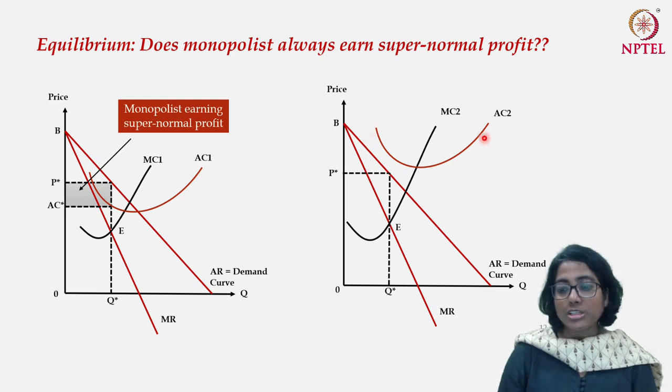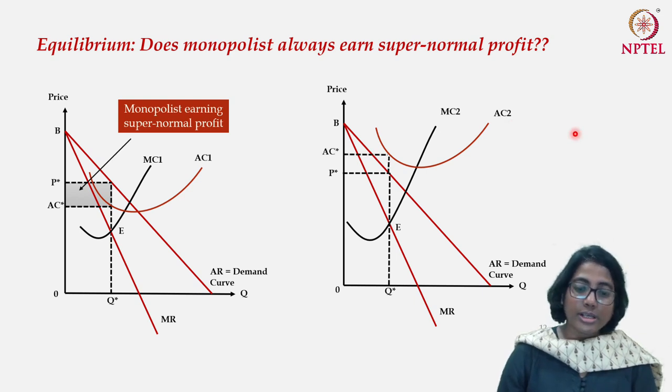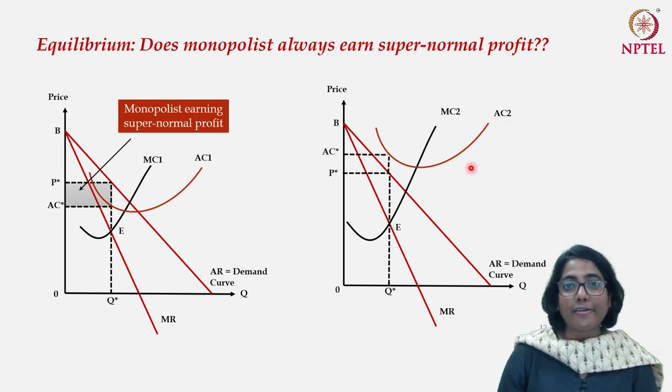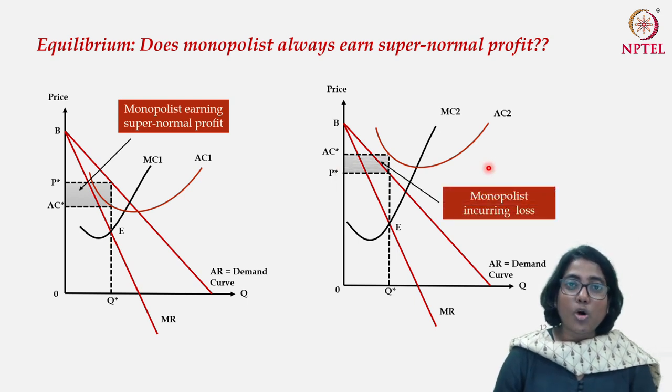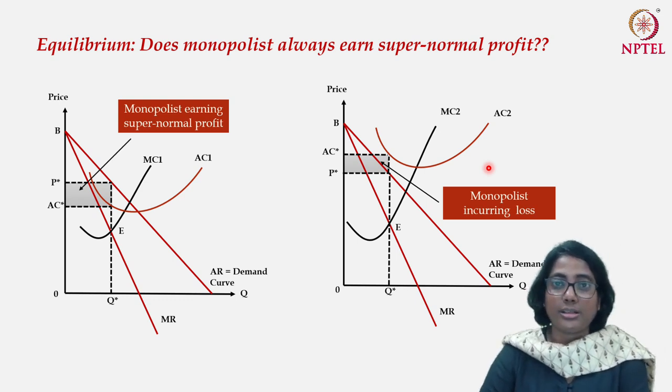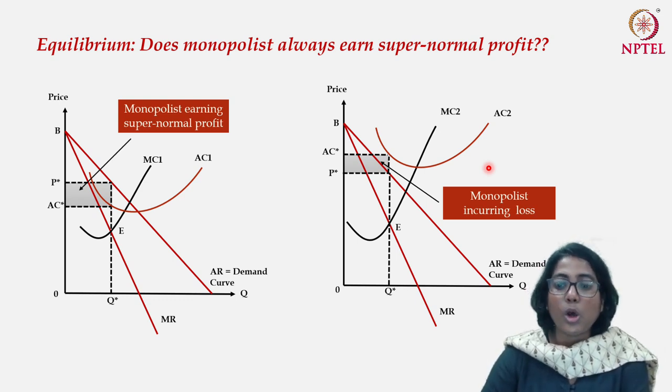However, the average cost is very, very high. As compared to AC1, AC2 is much higher, and therefore the price is lower than the average cost. If the price is lower than the average cost, then this is the loss that the monopolist is actually incurring.